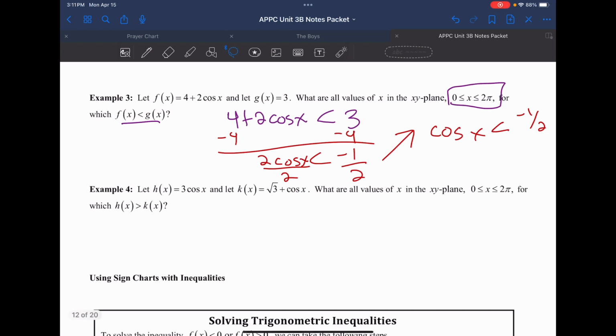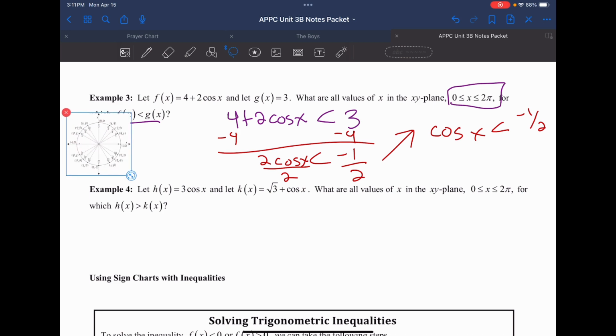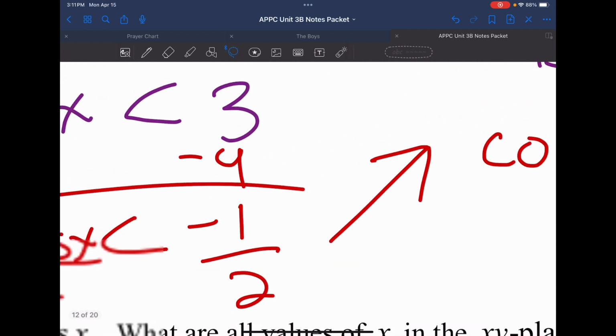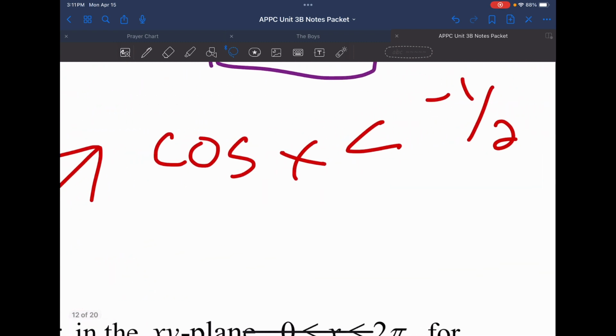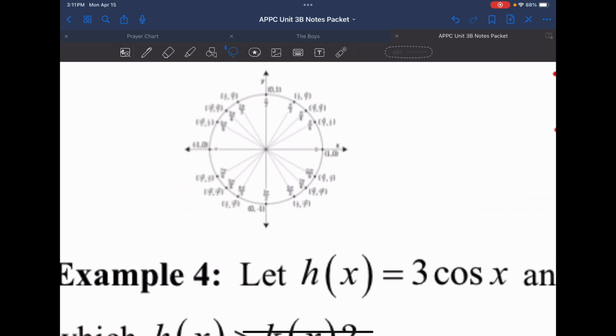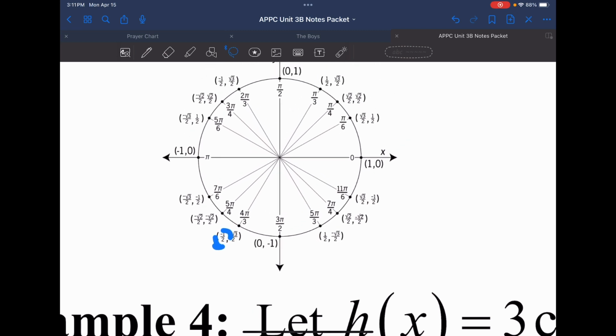So if I paste in my circle, it's important that you always have a unit circle handy on these. So I'm trying to find when cosine is less than -1/2. So I'm going to look for -1/2 on the unit circle and circle it. It's right here.